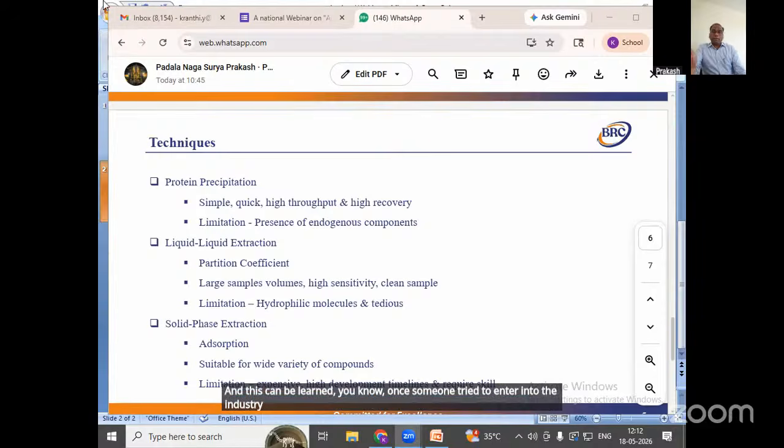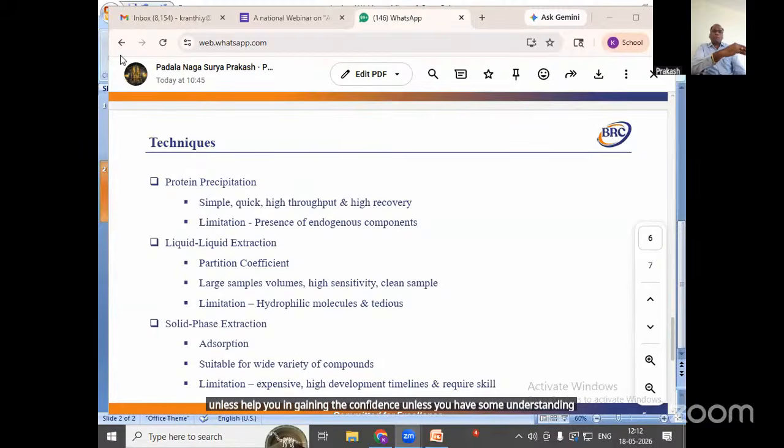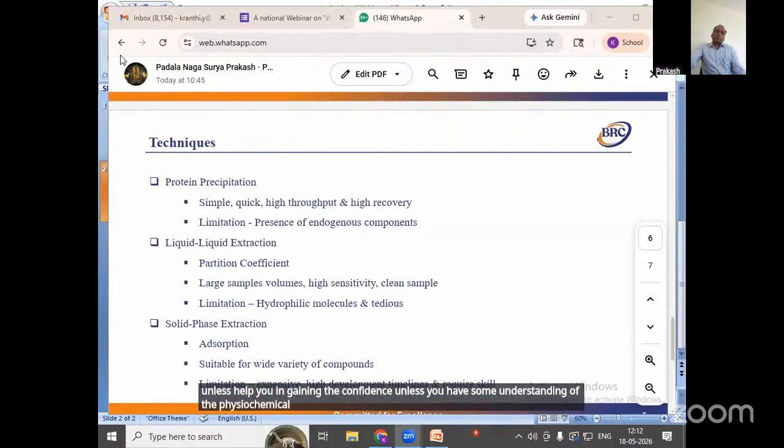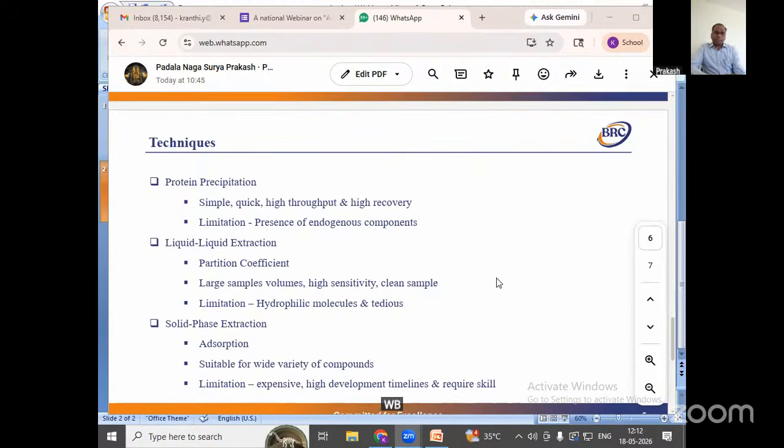But it doesn't help you gain confidence unless you have some understanding of the physicochemical properties and other variables such as stability, and so on.